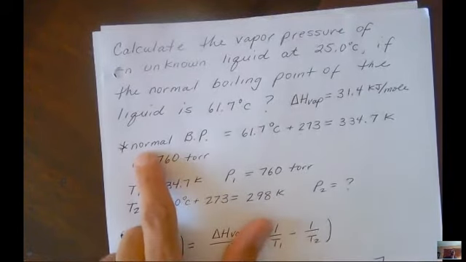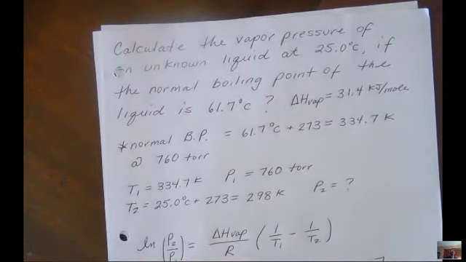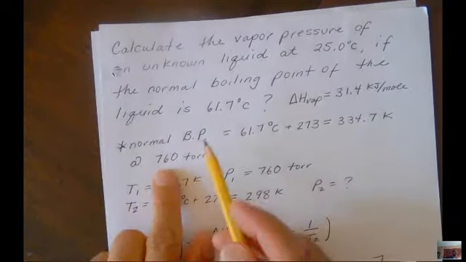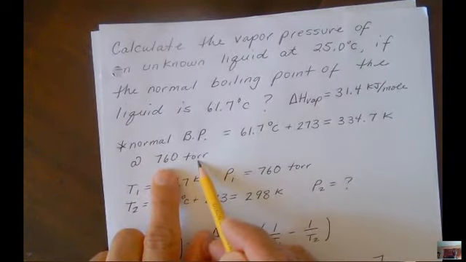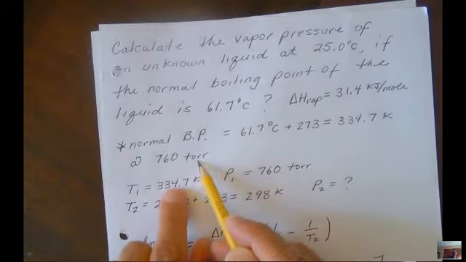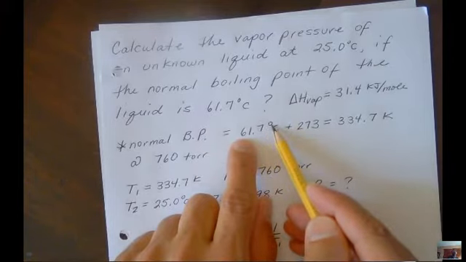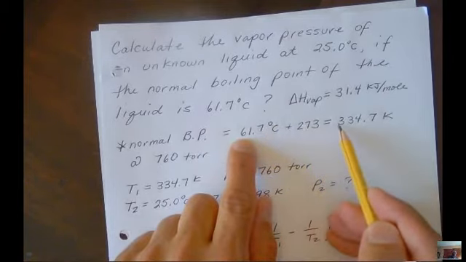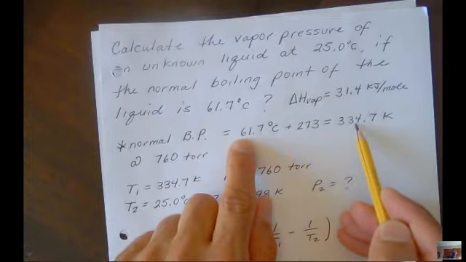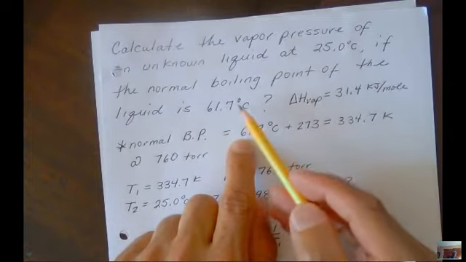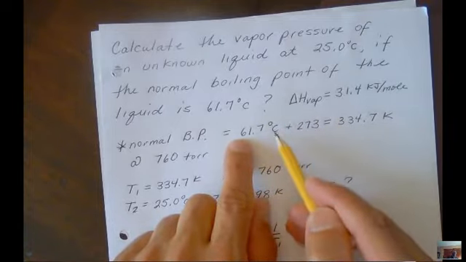Okay, first thing. Normal boiling point. Click in your head right away. Normal boiling point. What does that mean? That's the boiling point at 760 torr. So my first set of numbers, my T1, P1, the ones that I know, are 61.7 degrees. I have to change it to Kelvin, so I add 273. That gives me 334 Kelvin.